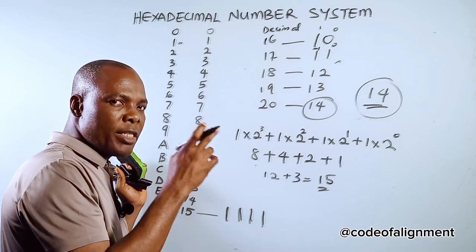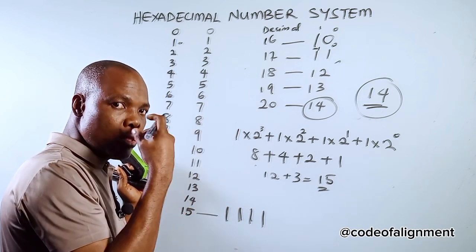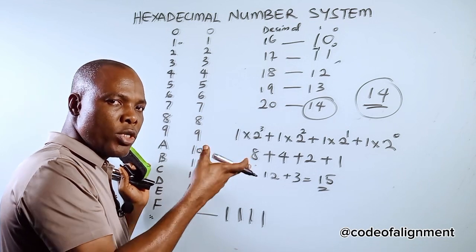So this is 1, 1, 1, 1 in binary. But engineers prefer to use the shorthand to read it, because they use it for memory.